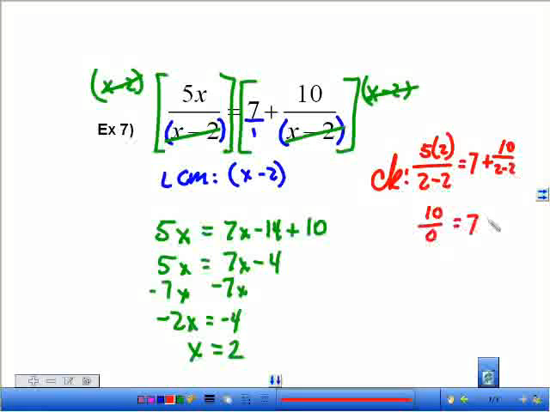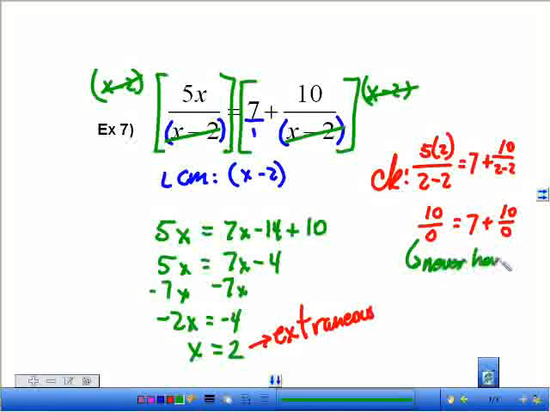We can never have 0 in the denominator. So this is an extraneous solution because we can never have zero in the denominator.